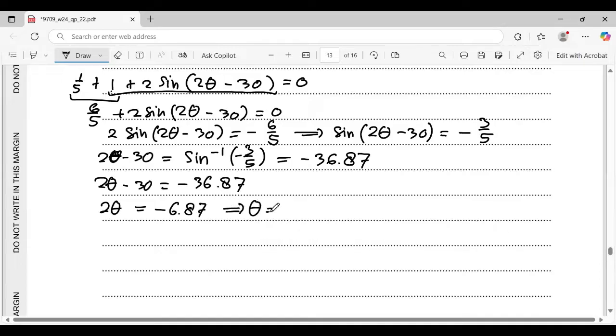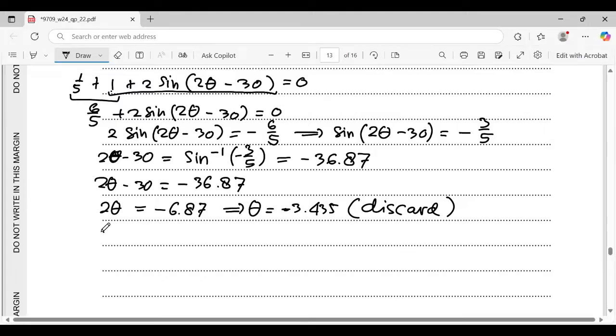So theta equals minus 6.87 divided by 2, which is minus 3.435. But we discard this solution because it is negative.